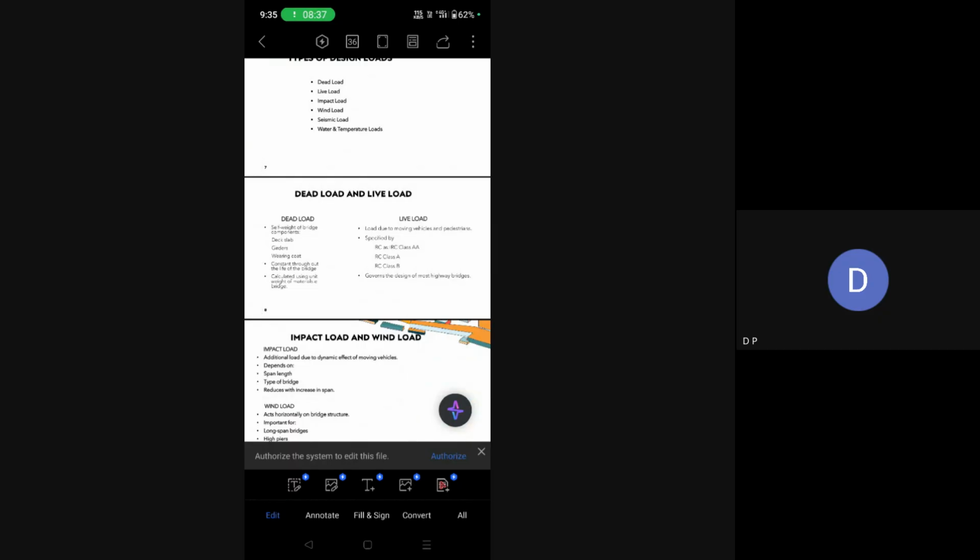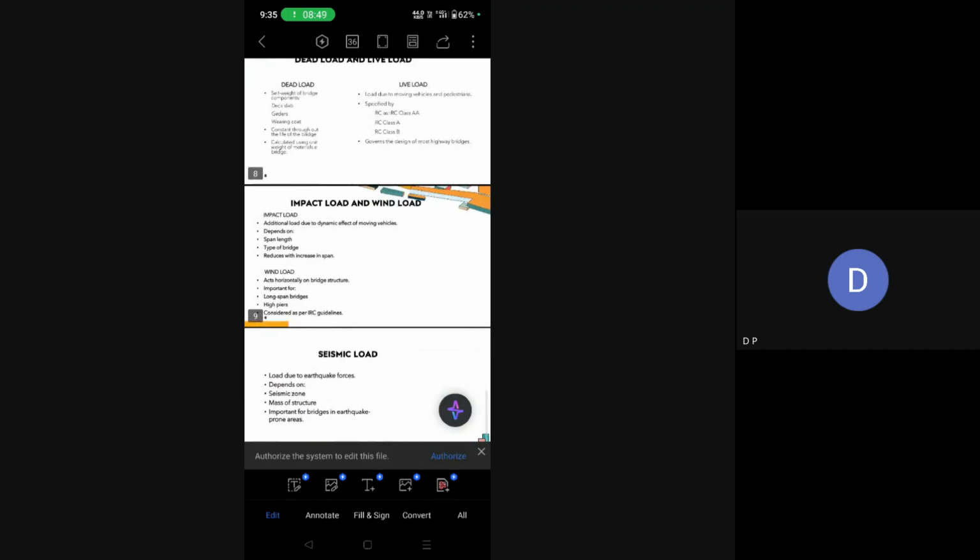Then the dead load and live load. The dead load is the self weight of bridge components, and the live load is load due to moving vehicles and pedestrians. Then impact load and wind load. Impact load is additional load due to dynamic effect of moving vehicles, depends on span length and type of bridge, and reduces with increase in span.